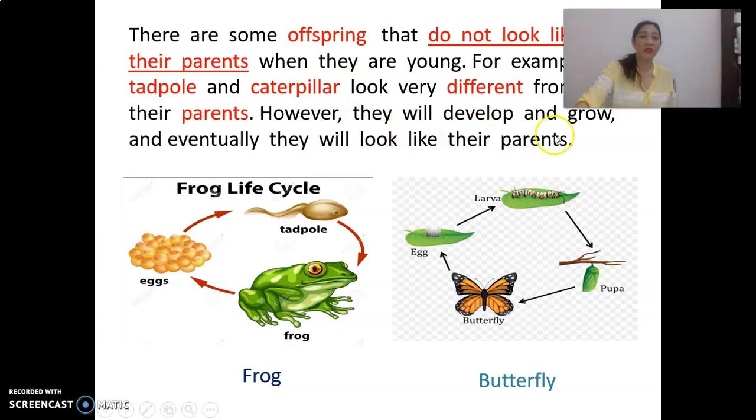However, they will develop and grow, and eventually they will look like their parents when they are grown. So examples of animals that do not look like their parents are frog, butterfly, mosquito, ant. Those are examples of animals that do not look like their parents when they are young.